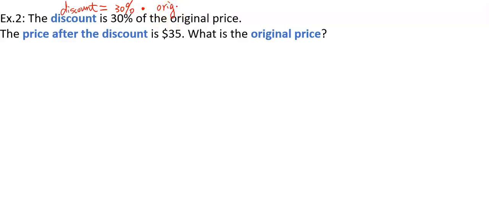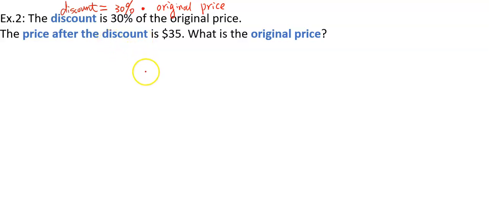I'm just going to use the words original price because we don't know what the original price is yet. There is another price, that is the price after the discount, which is the money we're going to pay at the checkout if we don't consider tax. So what is the original price?